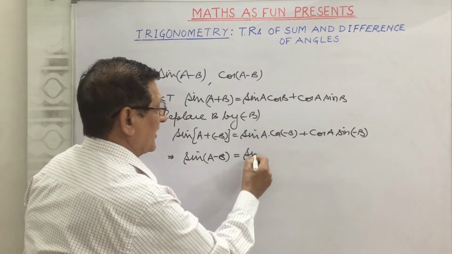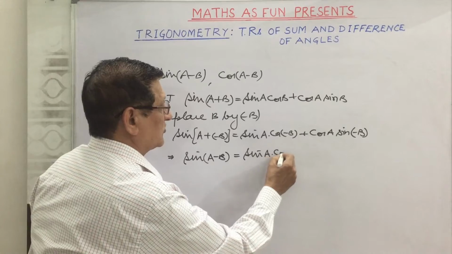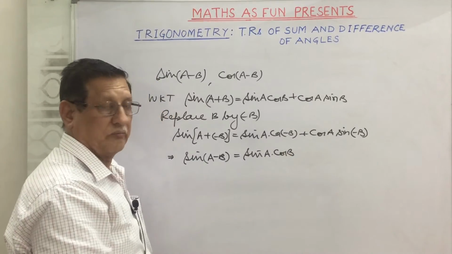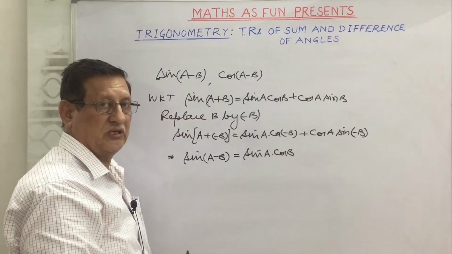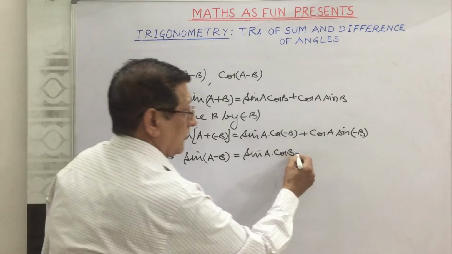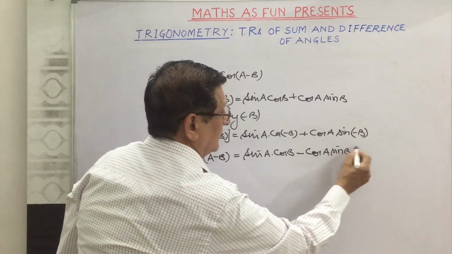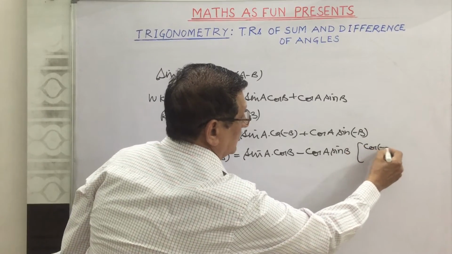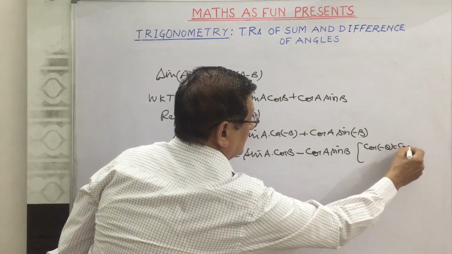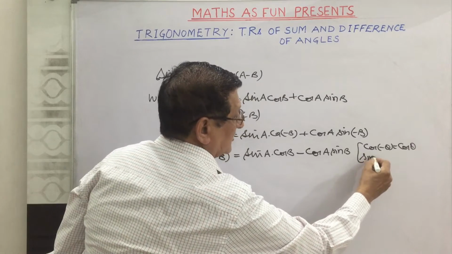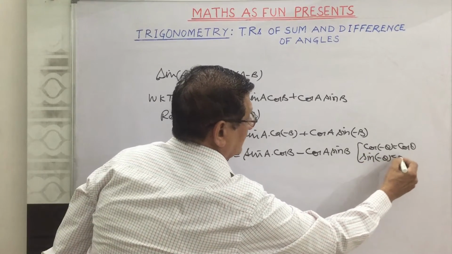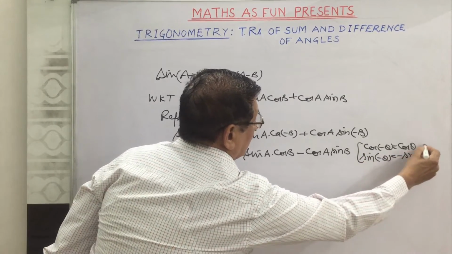equal to sine A into cos B, because we know cos minus B is cos B, minus cos A into sine B, since we know that cos of minus theta is cos of theta and sine of minus theta is equal to minus sine theta.